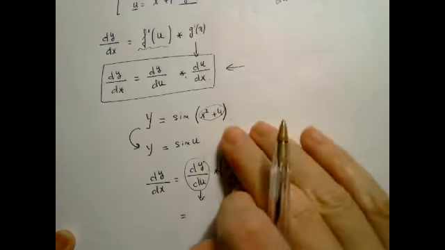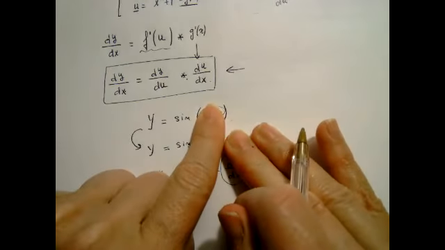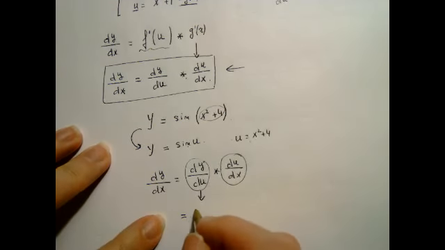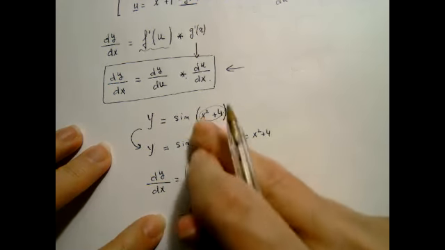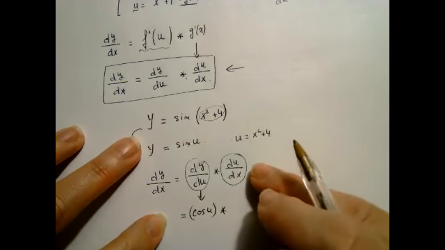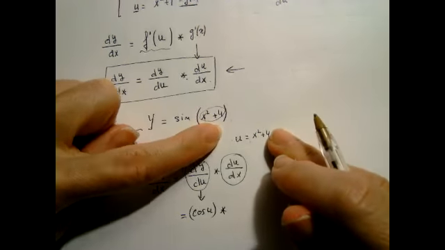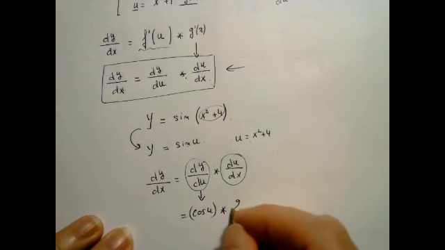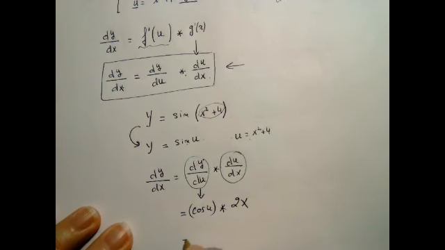At this stage, I'm thinking of y as a function of u alone. So dy du is the cosine of u. Here I'm thinking of y as a function of u. In du dx, I'm thinking of u as a function of x. This is 2x, which is finally equal to the cosine of x squared plus 4, at the end, times 2x.